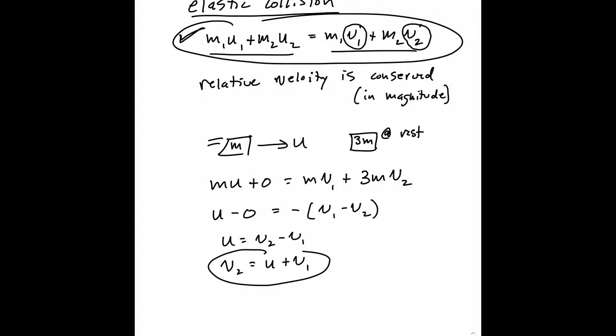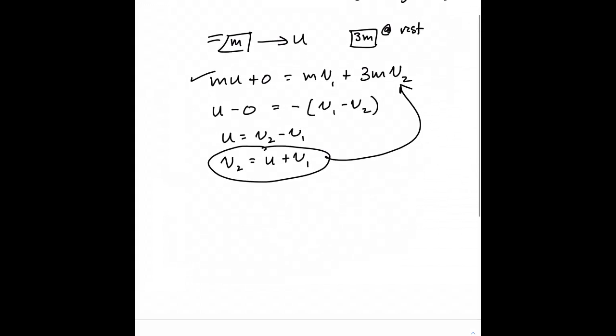And we can use that to substitute back into the original equation that stated conservation of momentum. So let's see what we get. m times u is equal to m v1 plus 3m times the quantity u plus v1.